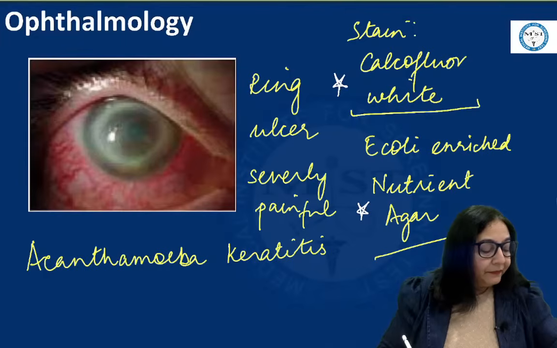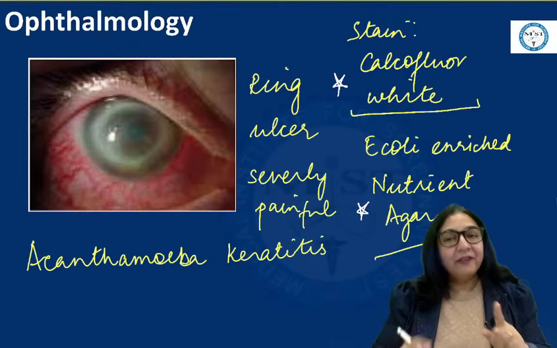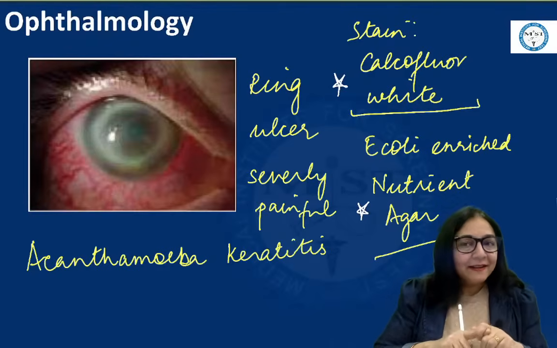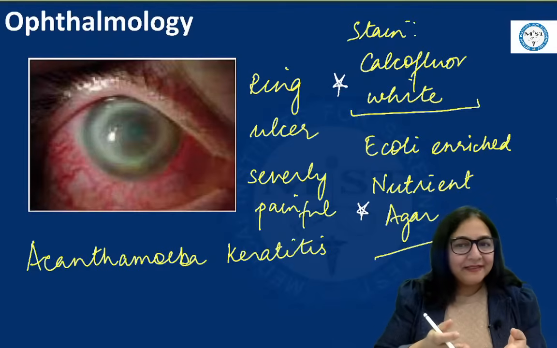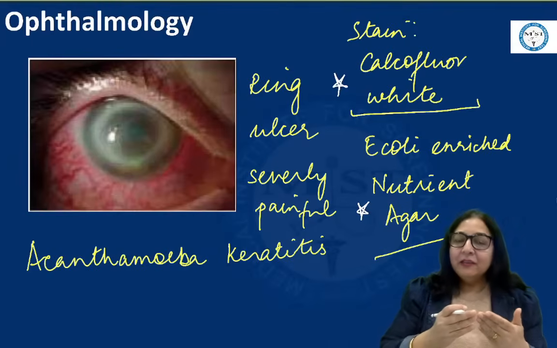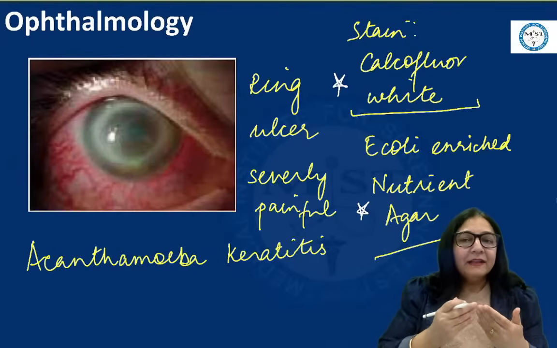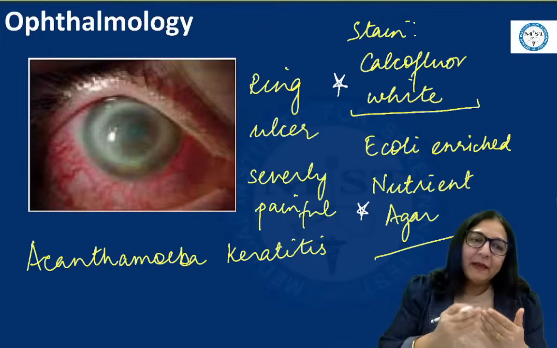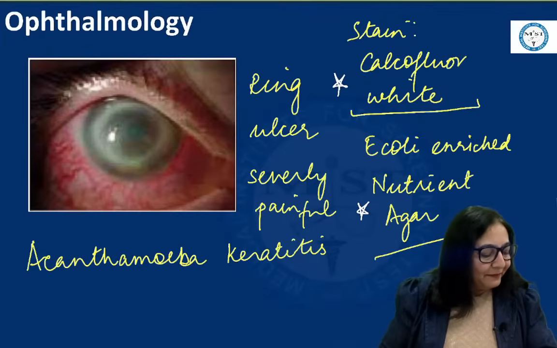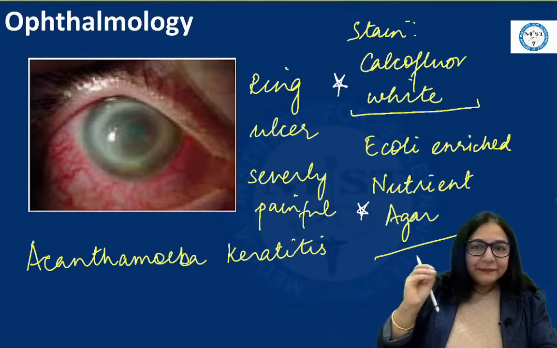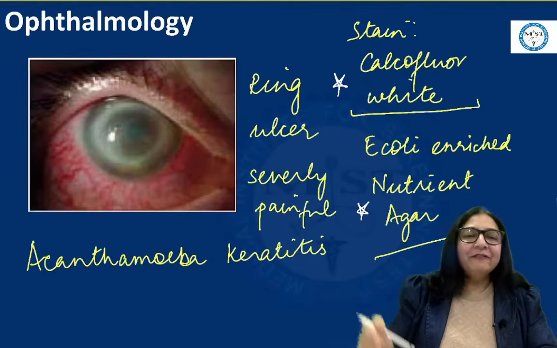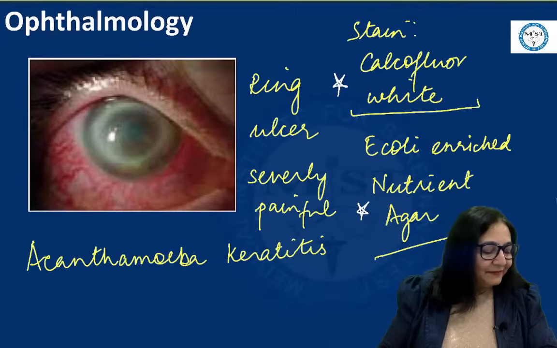Yes, KOH is for fungus. Gram stain is for bacteria. For bacteria culture, we can use blood agar. For fungi, we use Sabouraud dextrose agar. That's great. So this covers the information related to most of the infective corneal ulcers which we have done.